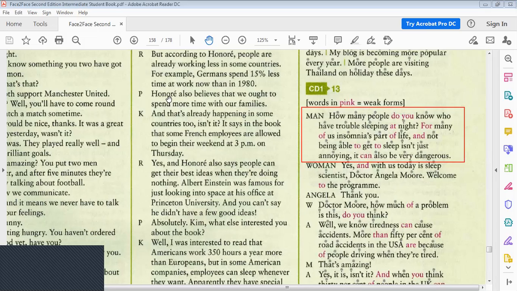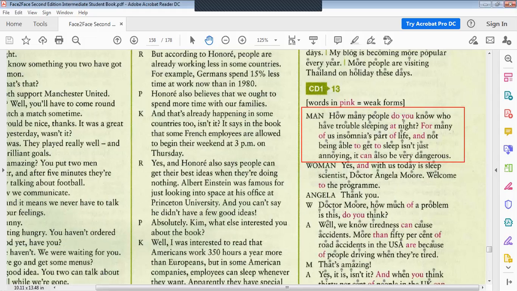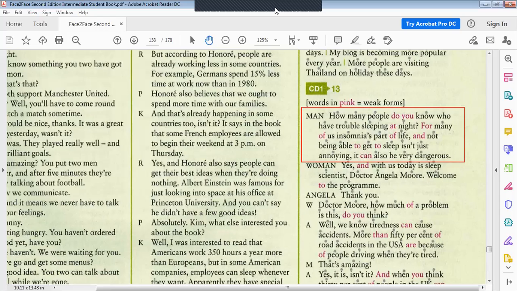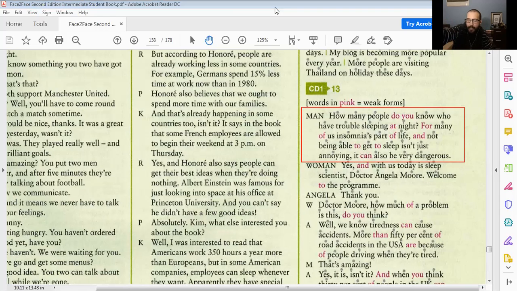Maybe because we normally hear it that way from the TV or something. All right. I think there's another reason. Who can tell me? Why is this still clear even though we're using weak forms? I think it's the program.